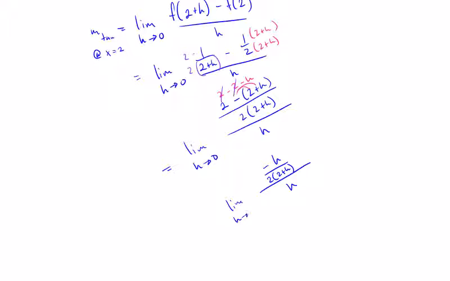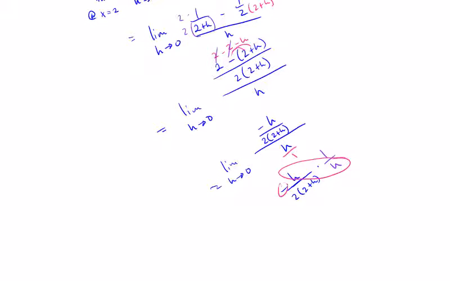And so now we can simplify this by taking the numerator fraction and multiplying it by the reciprocal of the denominator fraction. So that'll be 1 over h. And so we can see here that now our h's are going to cancel out, still have that negative there. So it'll end up being the limit as h approaches 0 of negative 1 on top, all over 2 times 2 plus h.